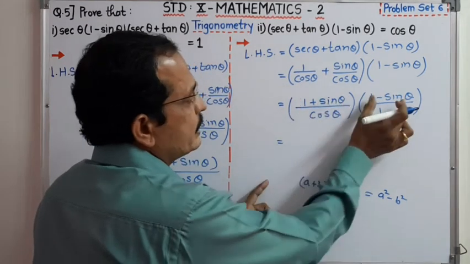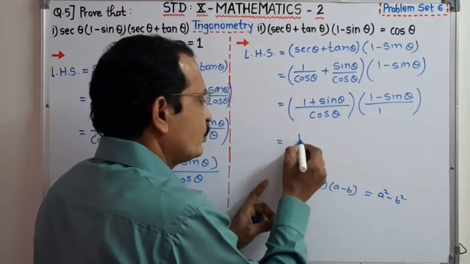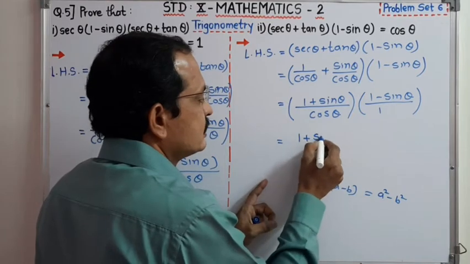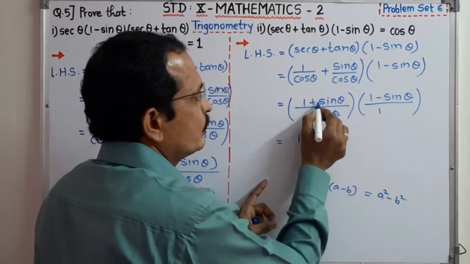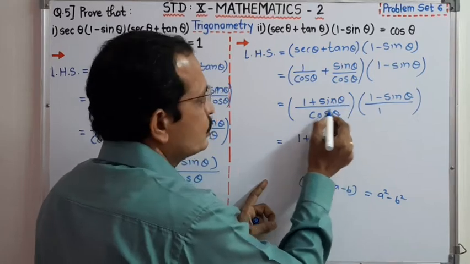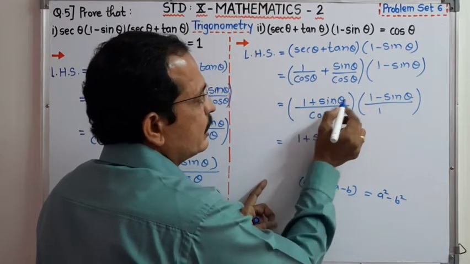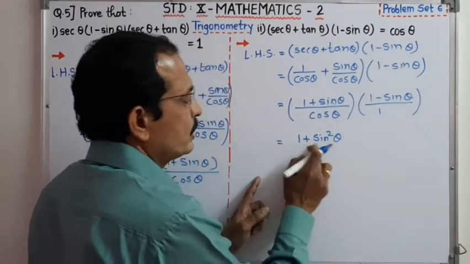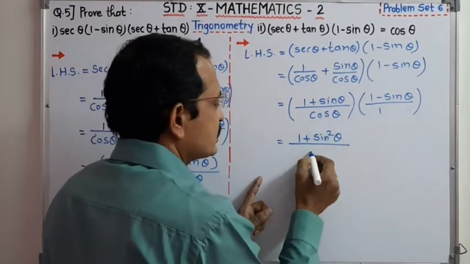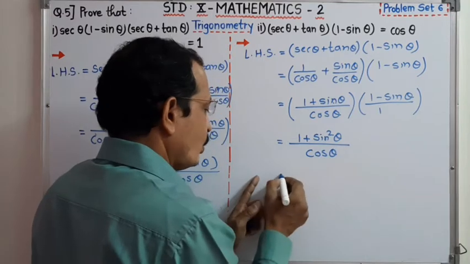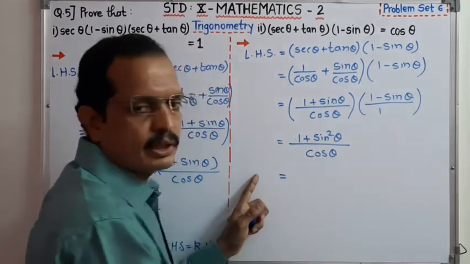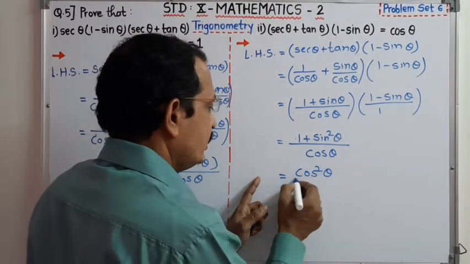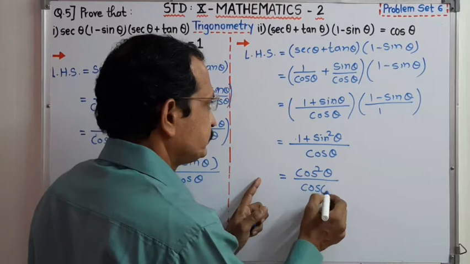Same here, 1 plus sin theta, 1 minus sin theta, we have to do the multiplication of these two, so we write 1 square minus sin square theta, and cos theta as it is.